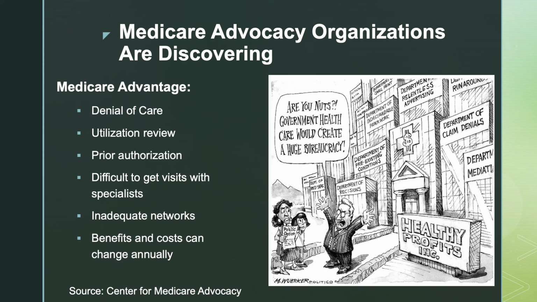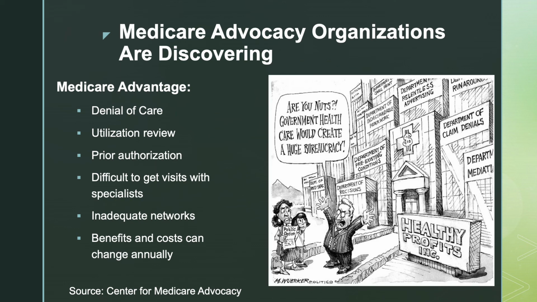Organizations that advocate for seniors are documenting the problems seniors are having with Medicare Advantage plans. These plans are denying care when seniors are older and more expensive to treat. They're finding that it can be difficult to get authorization through the utilization review process for surgeries and other treatments that they need, and that getting appointments with specialists can take an extraordinary amount of time.